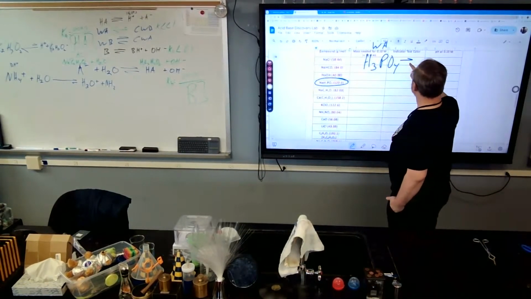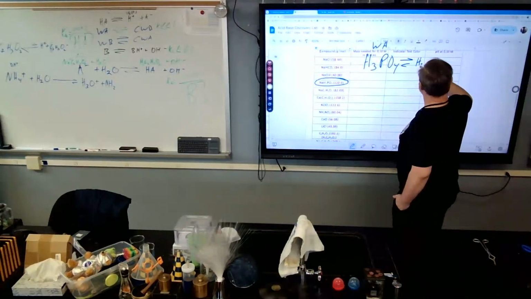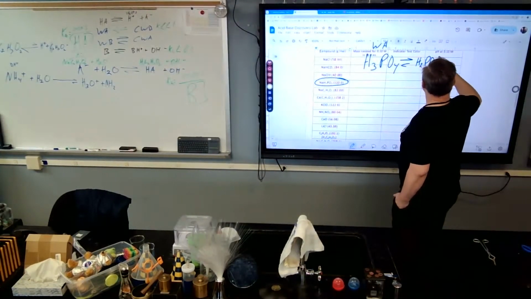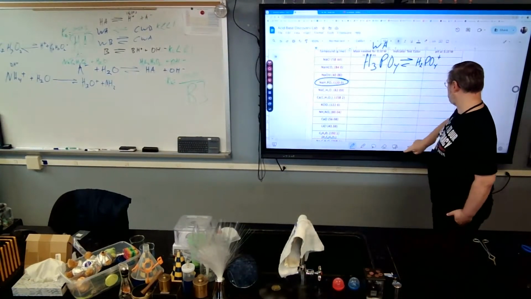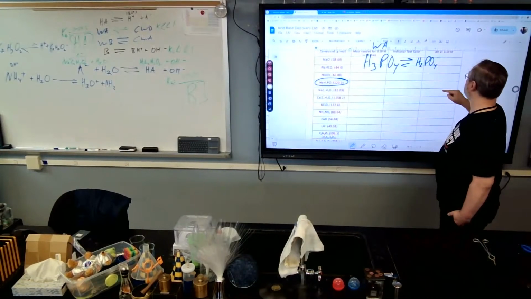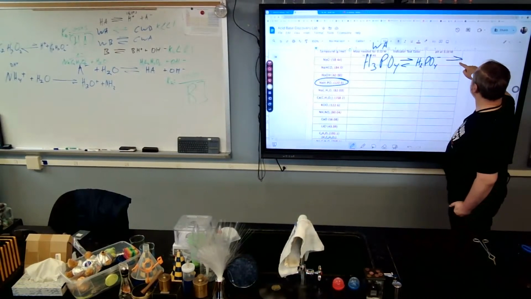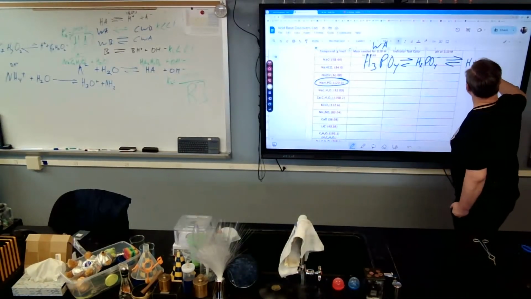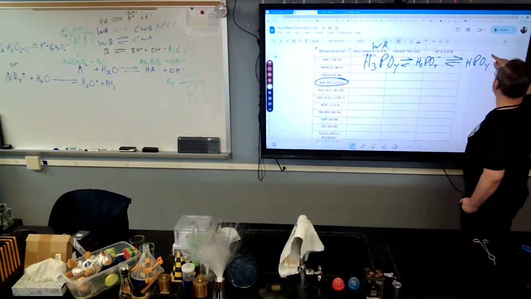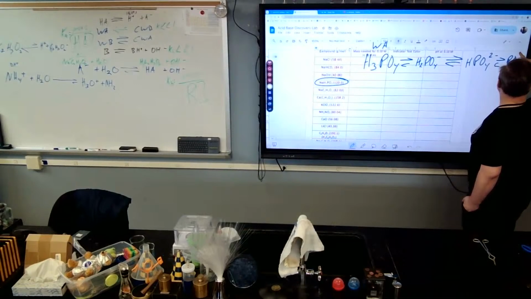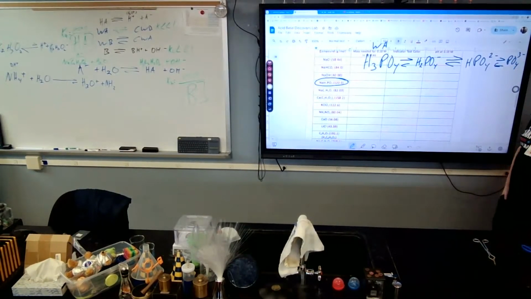So it's going to be in equilibrium with H2PO4-, which is also going to be in equilibrium with HPO4 2-, which is going to be in equilibrium with PO4 3-. I know it's bonkers. Triprotic.